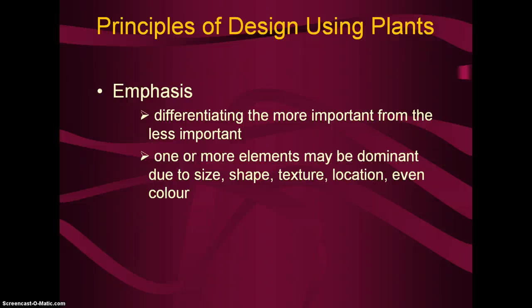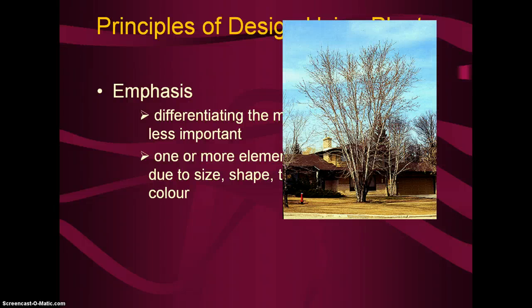Now again, it isn't just size that can be dominant. It can be certain other design elements. Some of the design elements, such as color, might be a really dominant feature in certain spots, and that's what you build your landscape around.